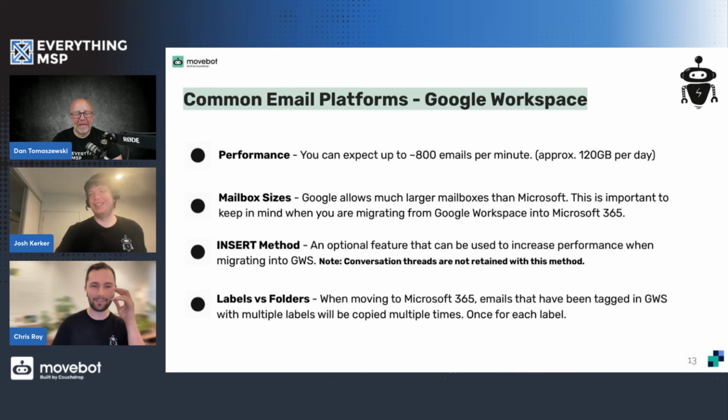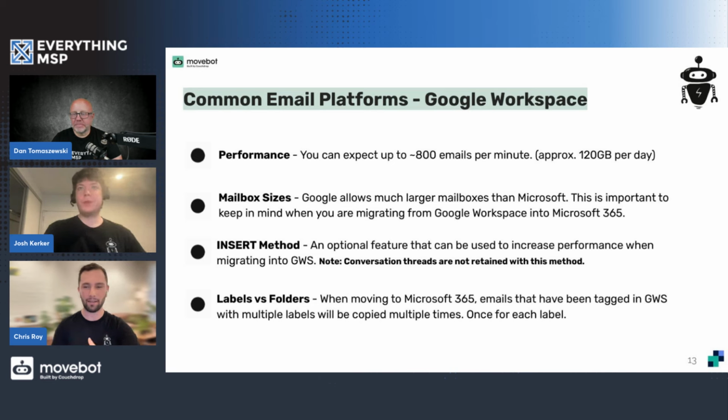A couple of other things on the Google front. At least with our tool, we do support the insert method, which is an optional feature for going into Google. This can be used to increase performance for migrations going into Google Workspace. The one thing to note is that the insert method bypasses the mechanisms that handle conversation threading and categorization.